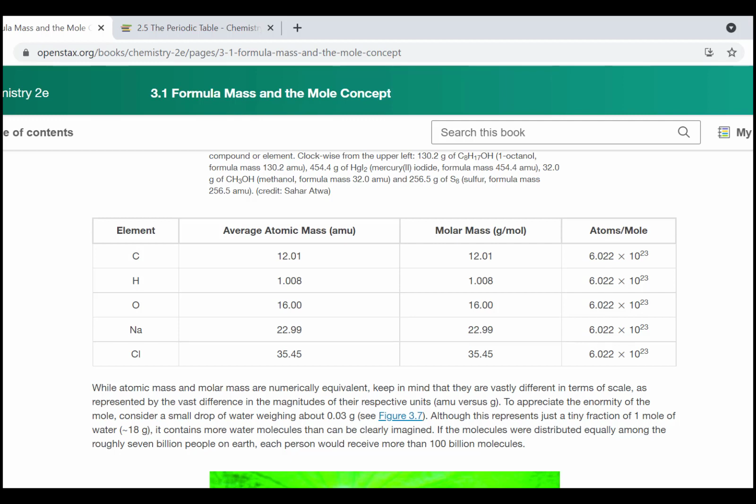The reason this concept is going to be so important is that the mole concept will be used to link between different ways of measuring things. So we might talk about, well, how many atoms do we have? The mole concept would be a conversion factor that gets to that. We might want to know how many grams we have. The mole concept would be a conversion factor that gets to that as well.